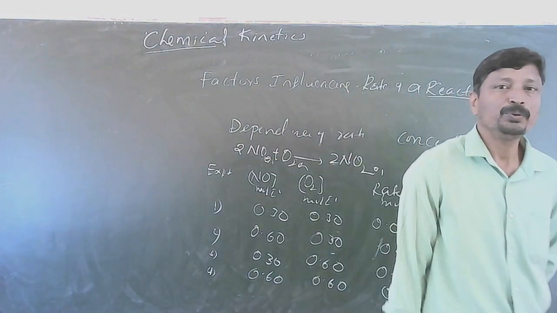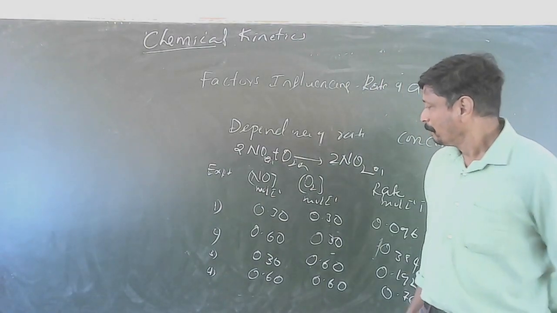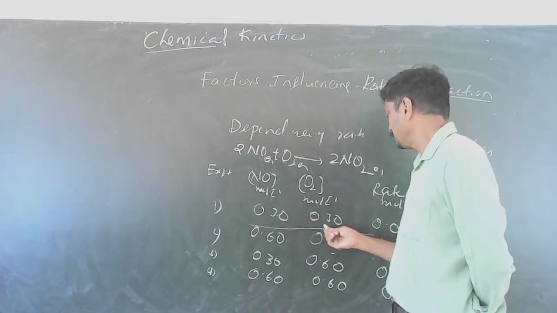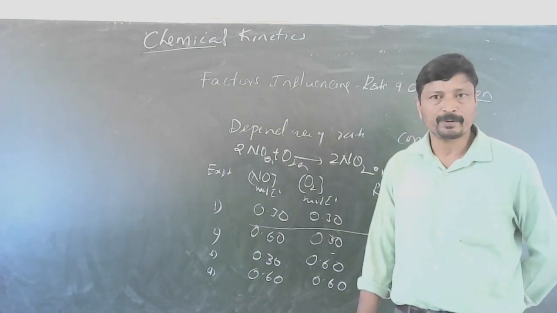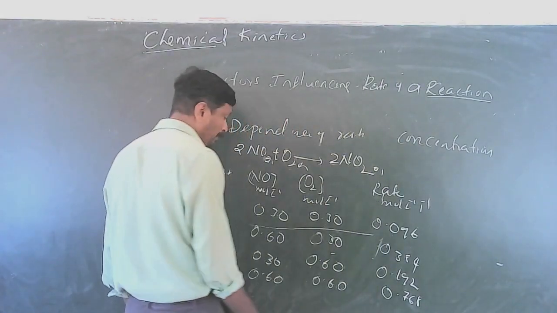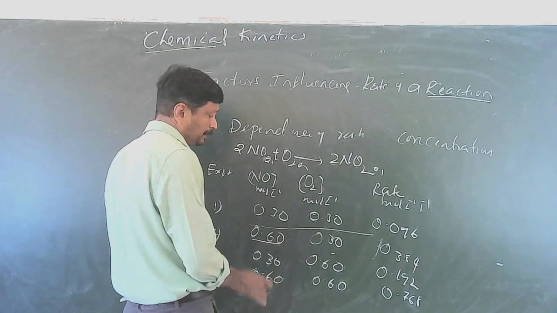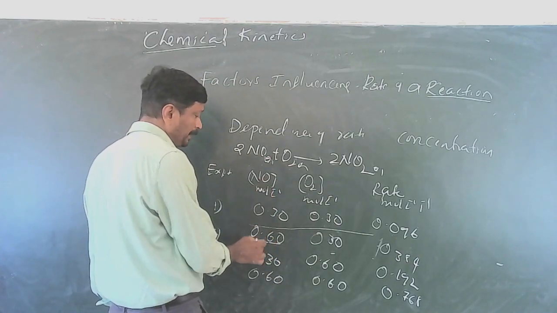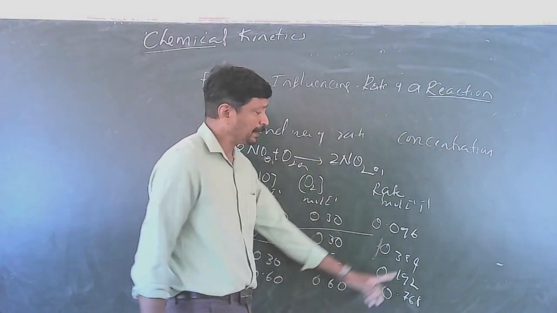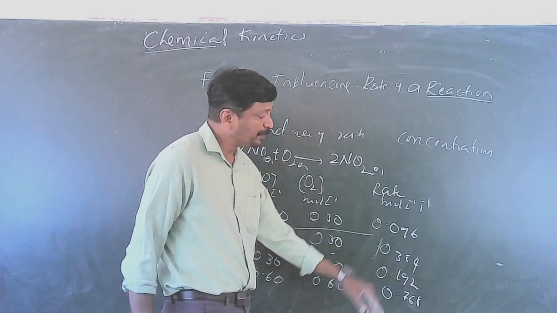Then how do you write the rate expression? In the first experiment, we have taken both at 0.30 and the rate is 0.096. In the second experiment, you doubled the concentration of NO and kept the other the same, and the rate increased to 0.384.